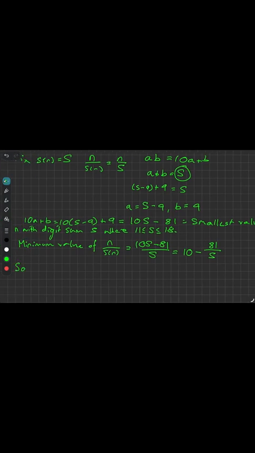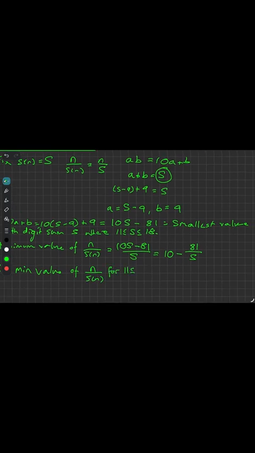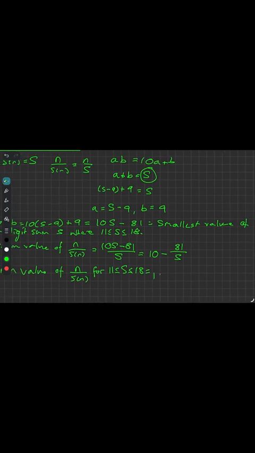So the min value of n on s of n for 11 less than or equal to s less than or equal to 18 occurs when s is equal to 11, and it's 10 minus 81 divided by 11, which comes out to be, I think, 29 divided by 11. Because 29 plus 81 is 110, divided by 11 is 10.